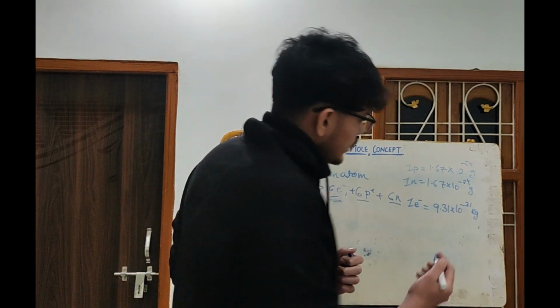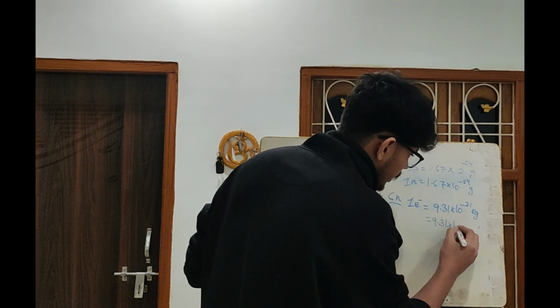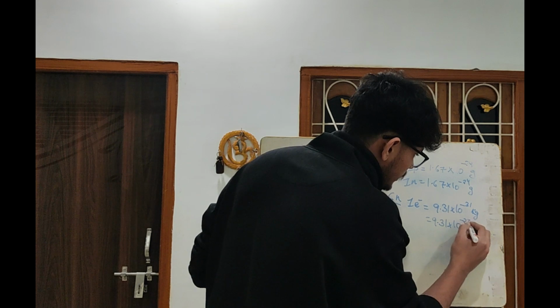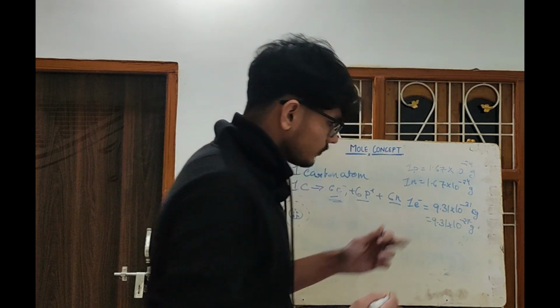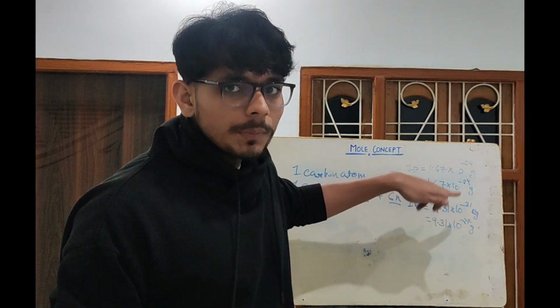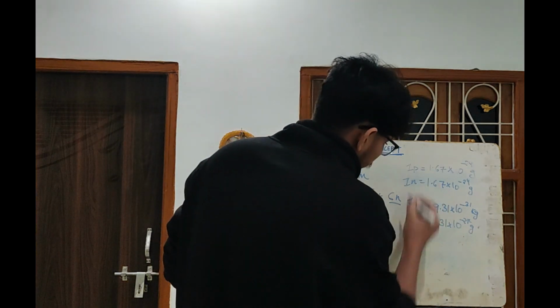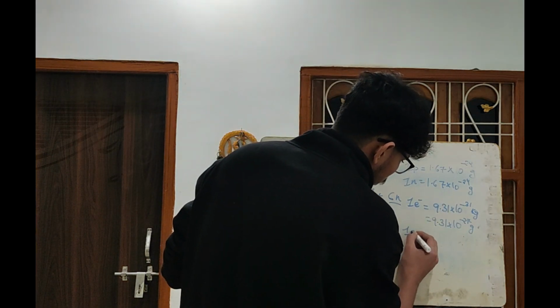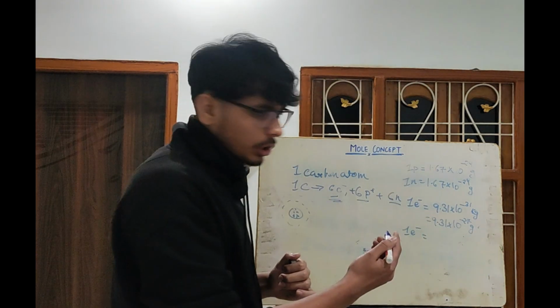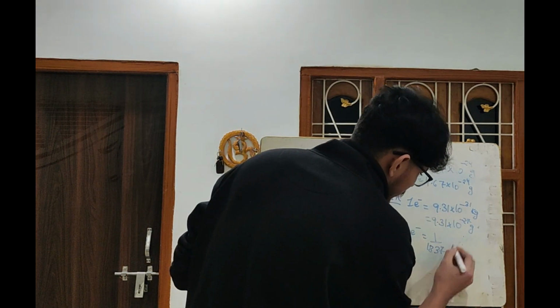In grams, we can write 9.31 into 10 to the power minus 27 grams. As you can see, there is a huge gap, about 10 to the power 3 times, between their weights. The weight of an electron compared to a neutron or proton is 1 upon 1837 times.